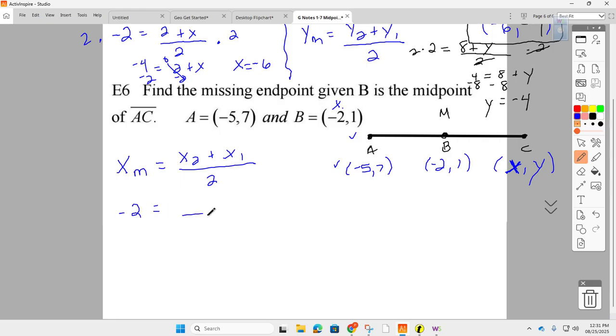So what am I going to plug in the top here? Diane, what am I going to plug in the top? Well, one is a y, right? So we want an x.